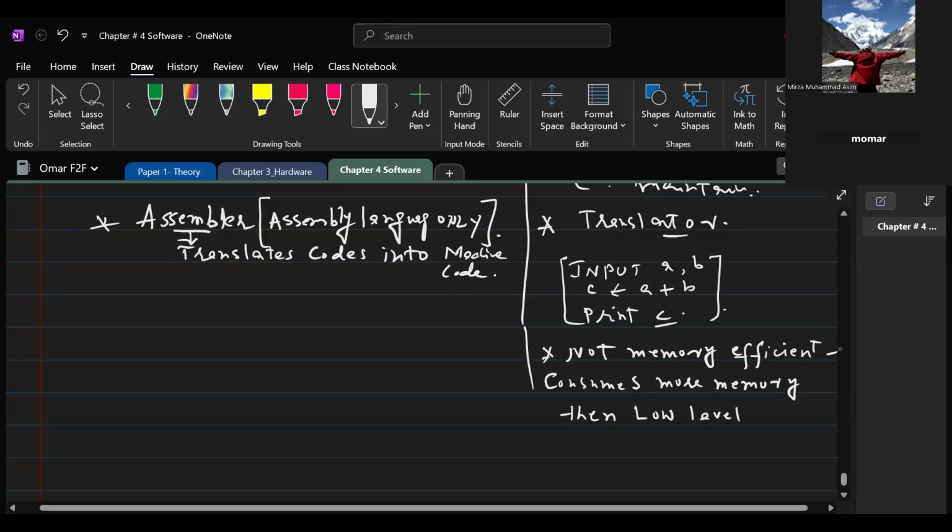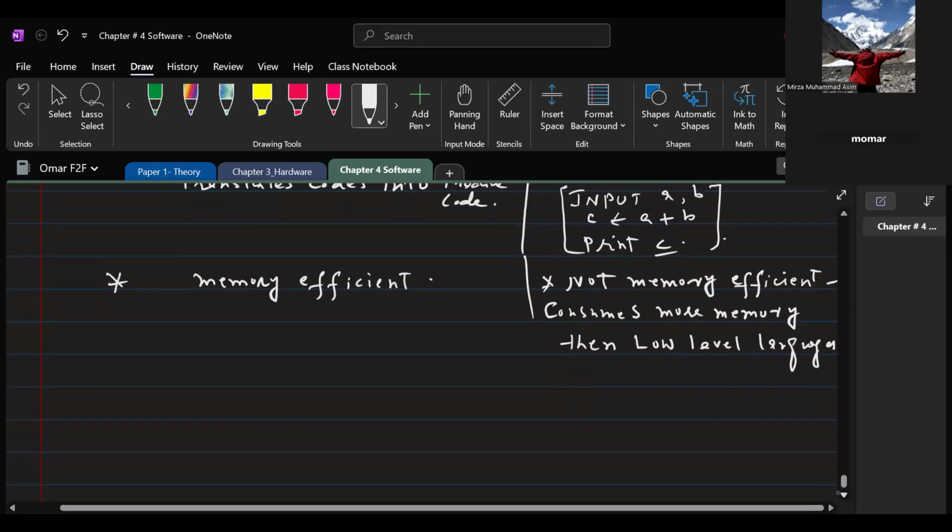Of course, it should. Whereas low level languages are very memory efficient because they take less space in memory to convert the program or to interact with the hardware. Memory efficient. More clear?